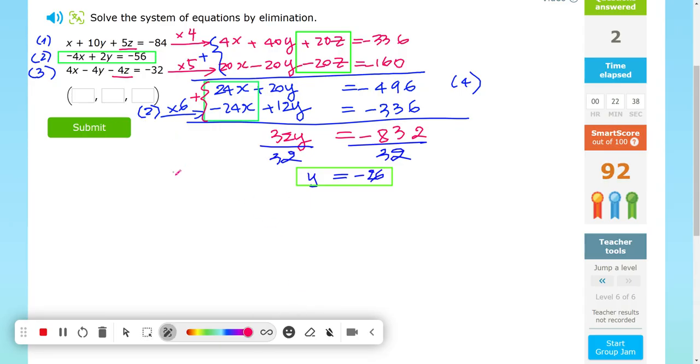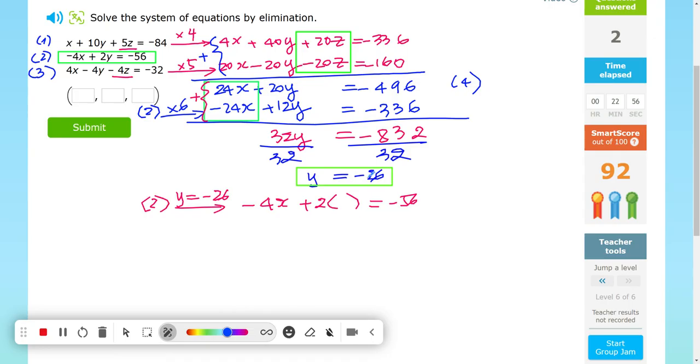So I would go to equation number 2 and substitute y equal negative 26. Negative 4x plus 2y equal negative 56.